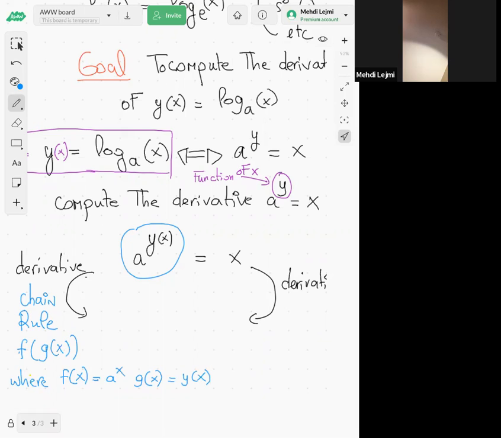Because f of g of x would be a to the power y of x. If you apply the chain rule, the derivative would be g prime. So g is y of x, so g prime would be y prime of x.